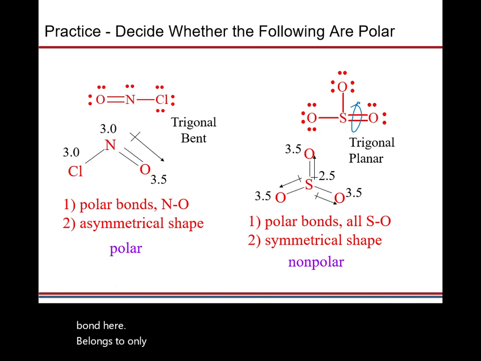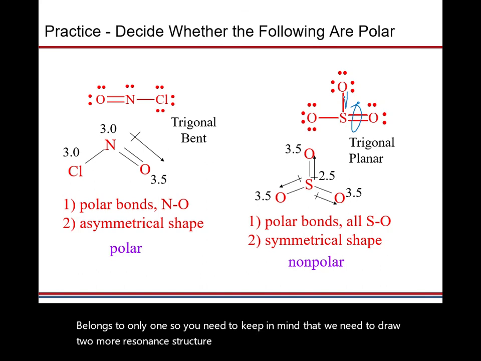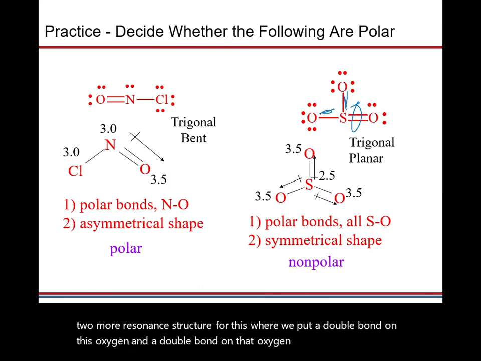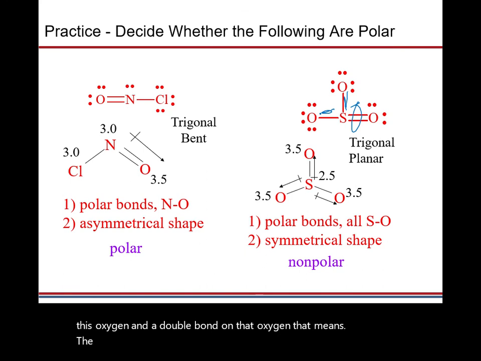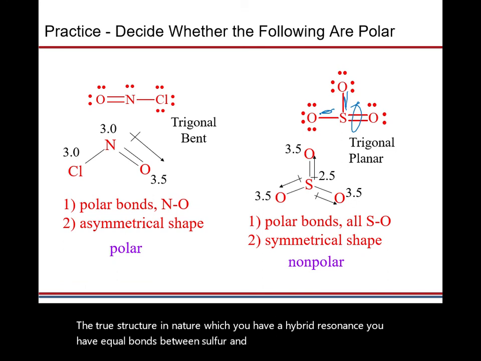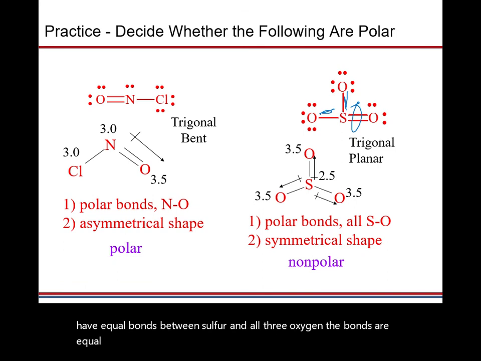So you need to keep in mind that we need to draw two more resonance structures for this, where we put a double bond on this oxygen and a double bond on that oxygen. That means the true structure in nature, which is a resonance hybrid, you have equal bonds between sulfur and all three oxygens. The bonds are equal. Therefore, that makes that molecule symmetrical. All right.